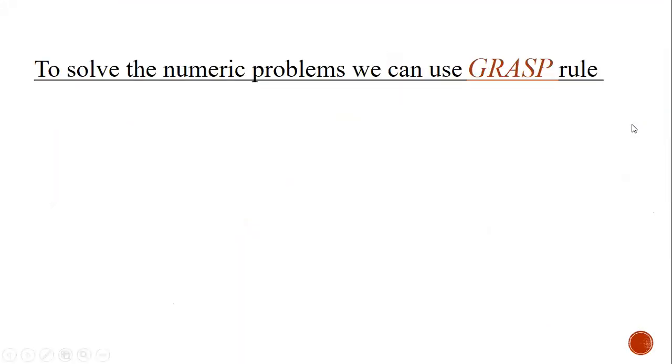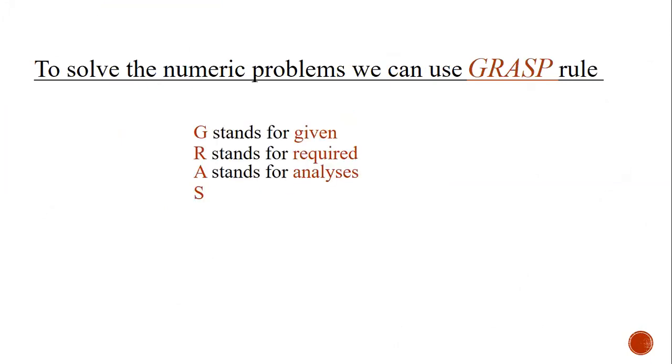Okay, now to solve the problem, we are going to use a mnemonic, that is the GRASP rule. GRASP is just a mnemonic to learn the thing very easily. Now, what does G stand for in GRASP? G is for Given, R for Required, A for Analysis, S for Solution, and P for Paraphrase.